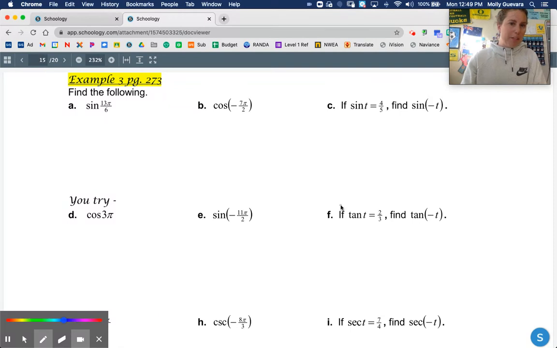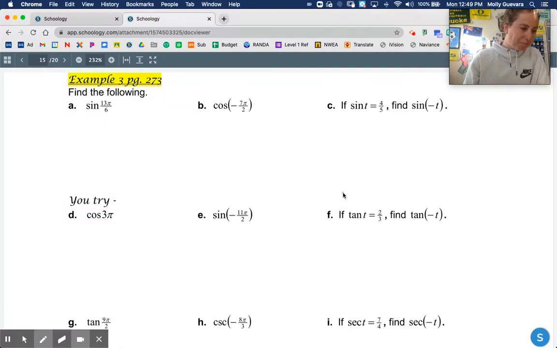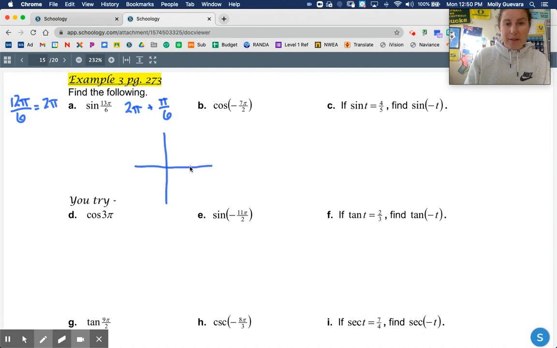So example 3 just wants us to find the following. I notice, and again, we have to be good with fractions, 12 pi over 6 is equal to 2 pi. That is all the way around, one full rotation. So 13 pi over 6 is 12 pi over 6, plus one more pi over 6. So if I were to graph it, it's all the way around, great, and then 1 more pi over 6, which is right here.